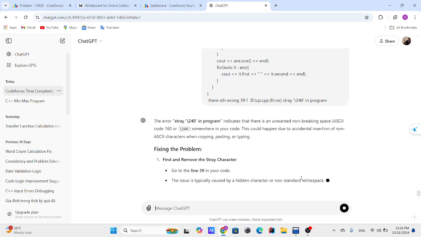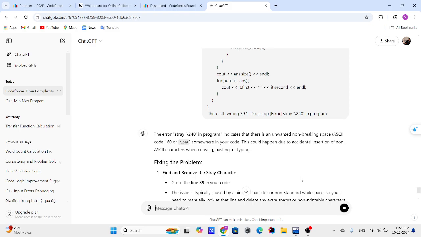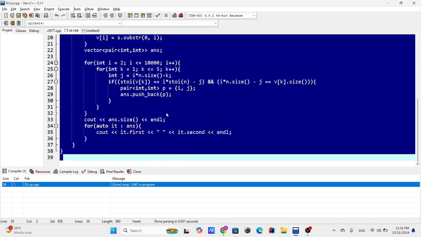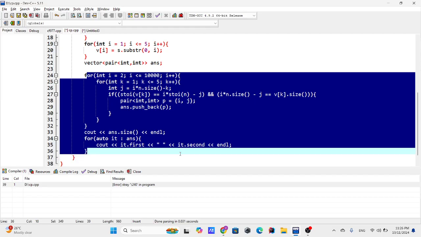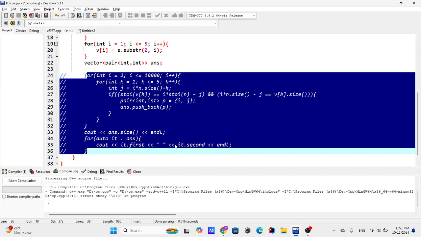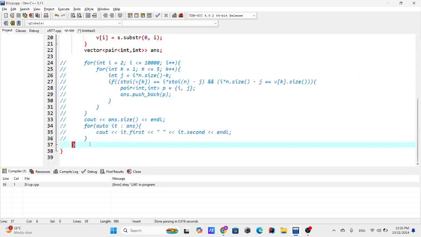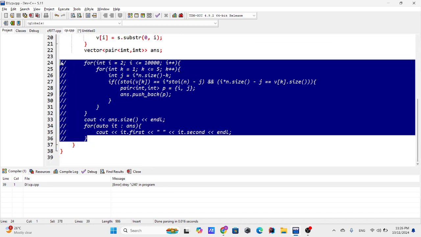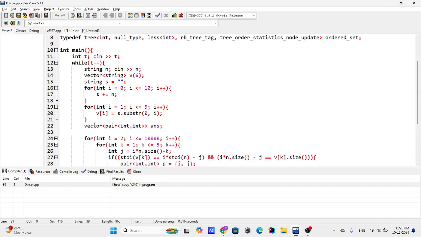Non-breaking space code when copying pasting. What does it mean? Still wrong. It might not lie here, but how about this?